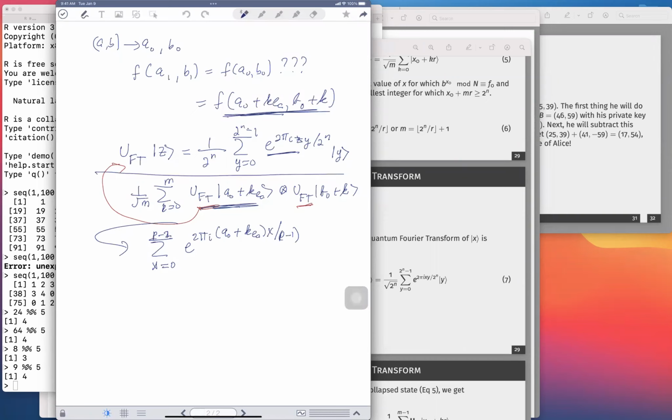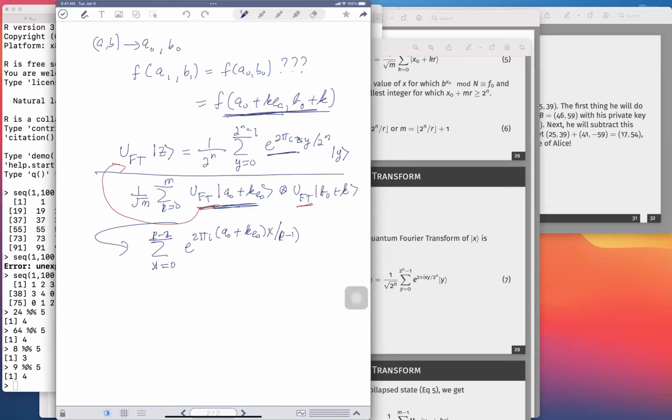So since p is a prime number, the set of numbers that don't have a common factor with p is the numbers 0 to p minus 1. Okay, and so this is the first factor, no?